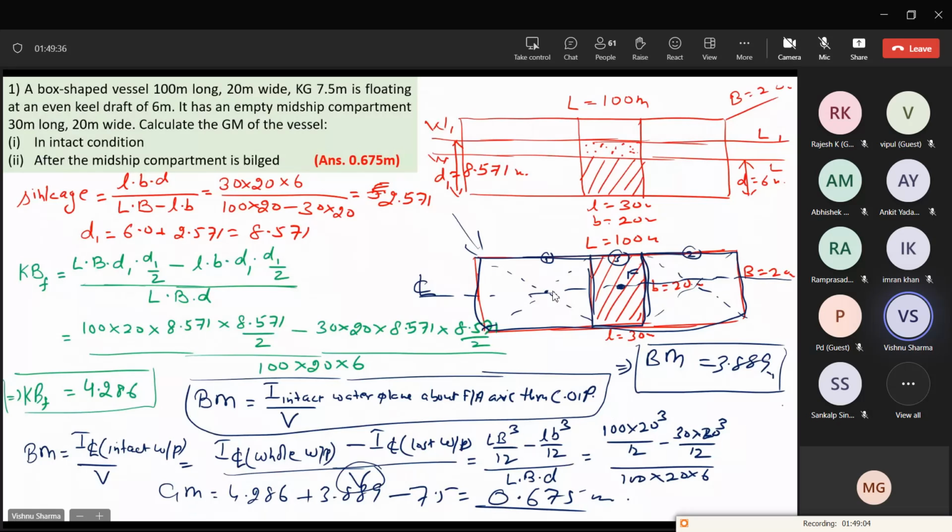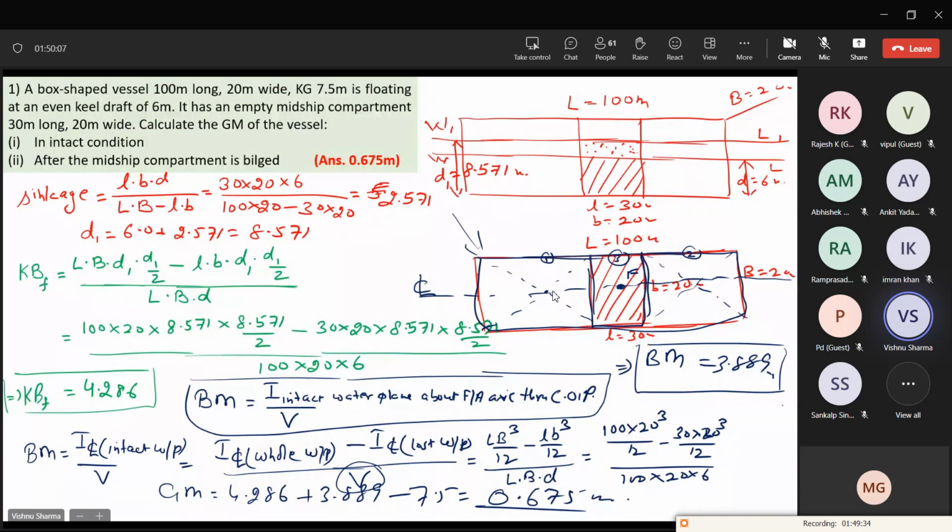Like in case of the book, when we had removed something from in between, the height of the geometric center will be still half the height. So you can visualize the water plane area from keel to water line W1L1, and see if the water plane area at half a meter draft, 1 meter draft, 4 meter draft, 7 meter draft up to the W1L1 is same, then the KB will be D1 by 2, and you don't have to calculate that.